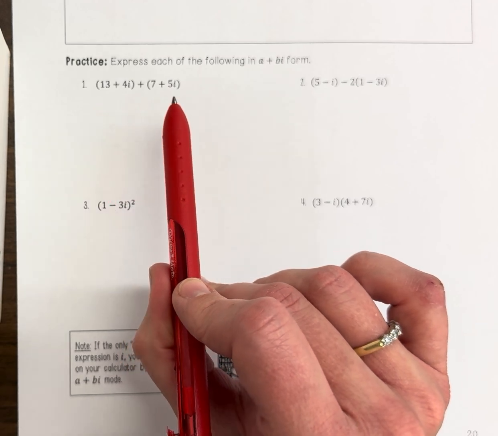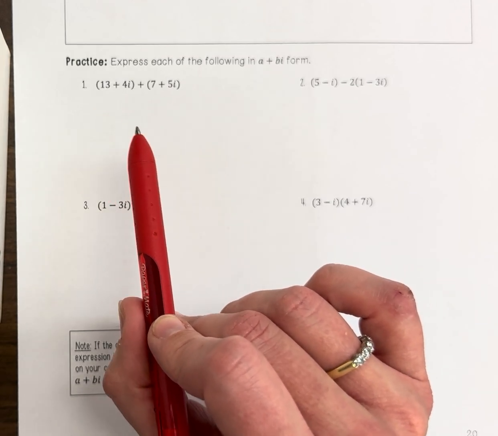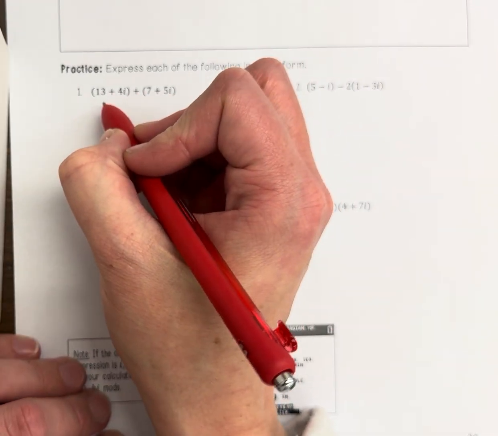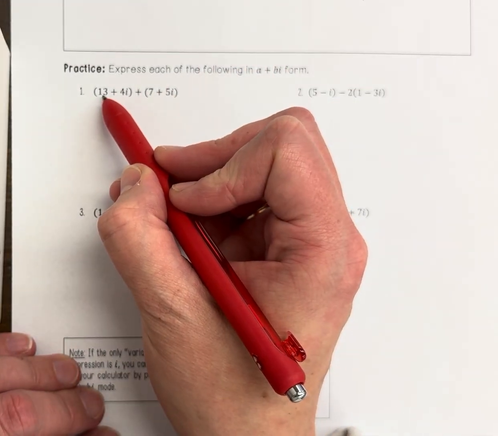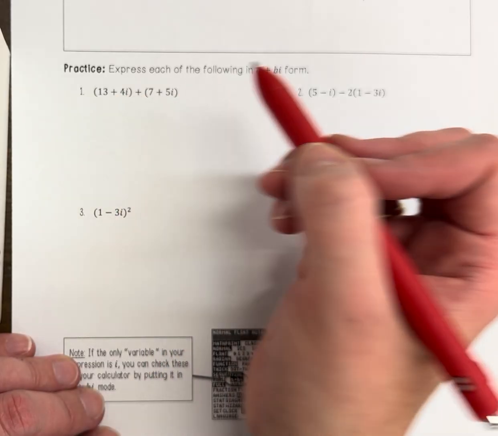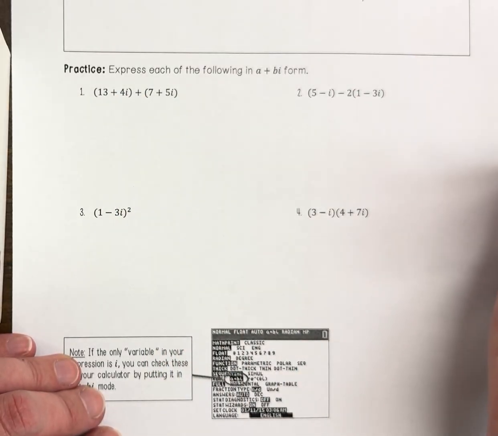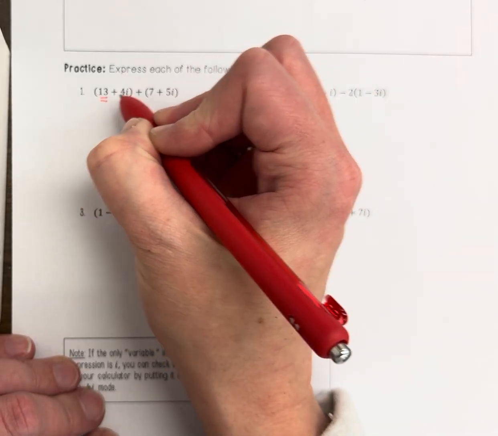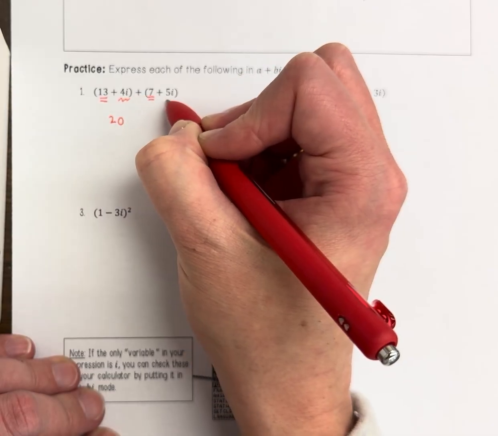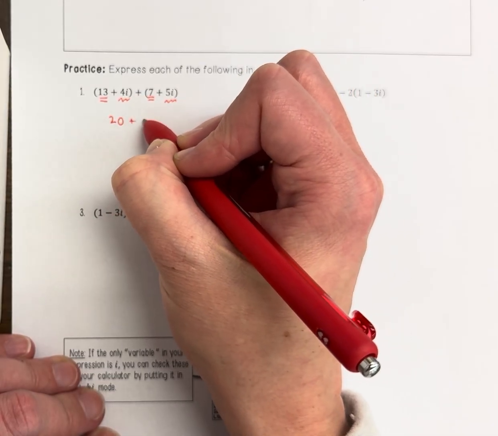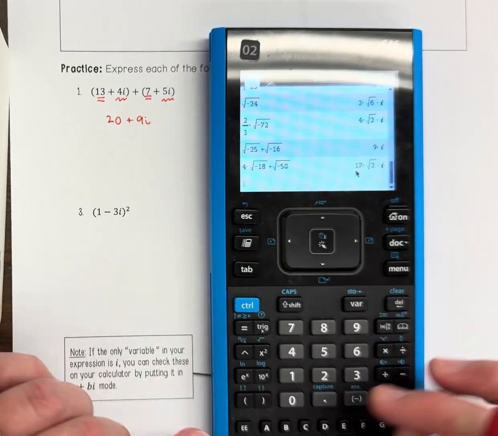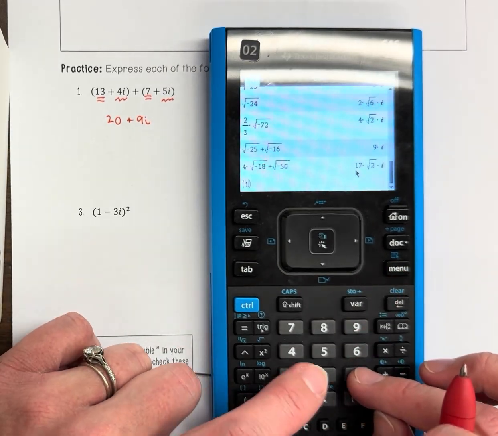So if you needed to add or subtract, a lot of this would be very similar to other things that we've done before. So like for 13 plus 4i plus 7 plus 5i, you're actually just combining like terms. So like 13 and 7 is 20, and then 4i and 5i is 9i. That would be it. However, your calculator can do this.